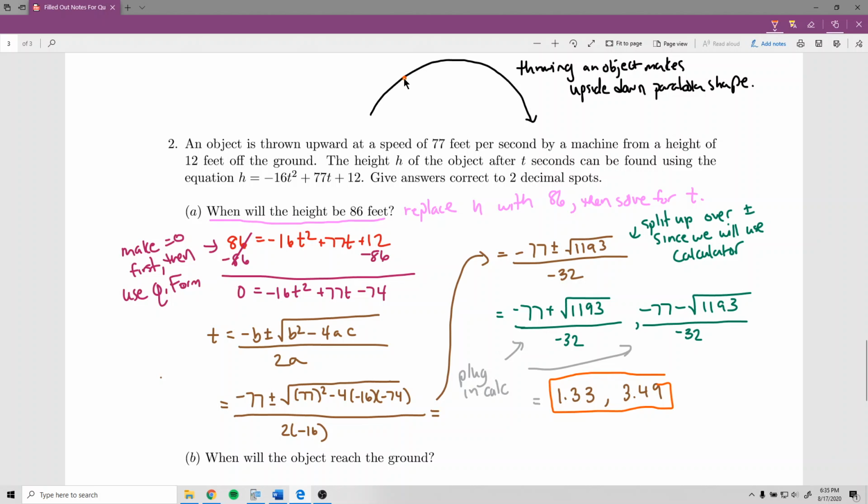Well, when it's thrown up, it's going to hit 86 going up once, and then it's going to hit 86 falling down. Right, so you don't have to worry about throwing one of these answers away. They both make sense.